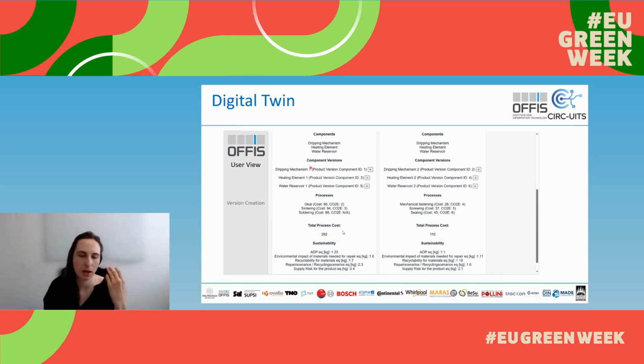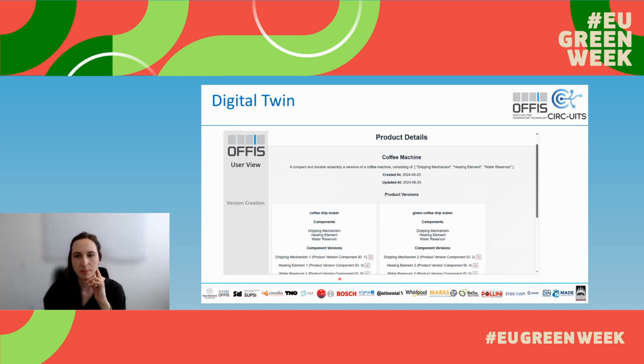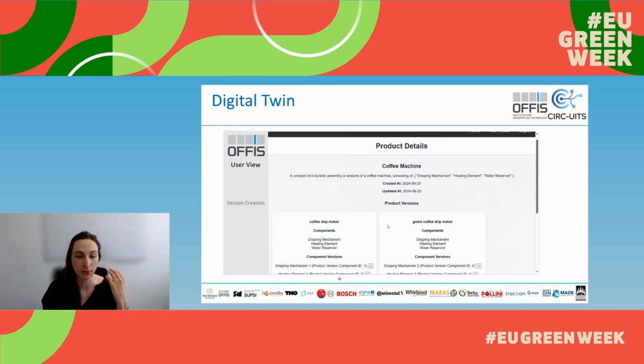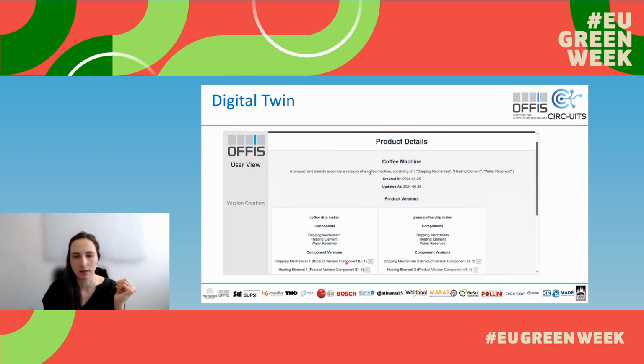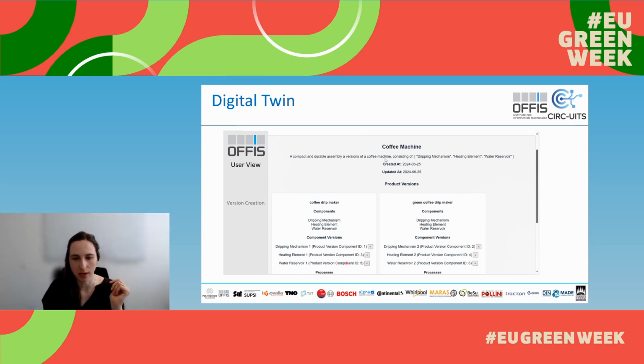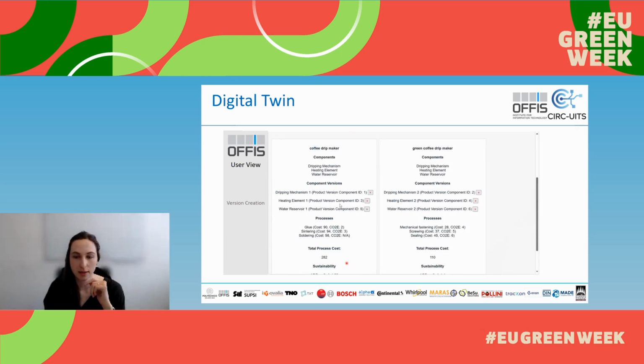On the left side we have the status quo of our coffee machine, and on the right side the green design. We have different sustainability KPIs that we get, for example, from Greta and Mara, but also the repairability assessment that I will show you later, and then the criticality assessment, which I will show you in the next slide.